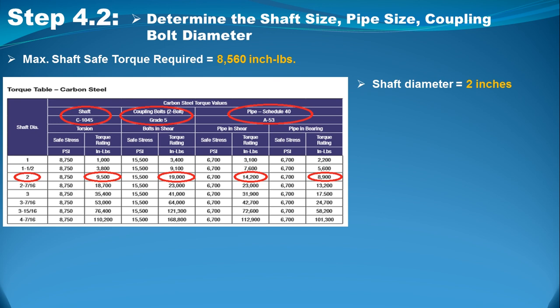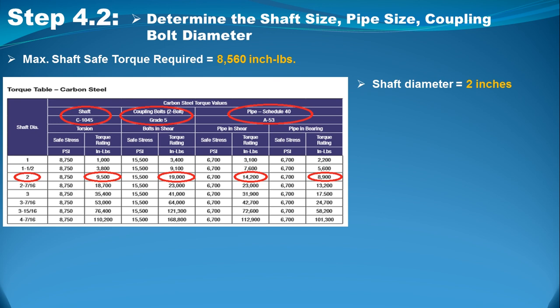And for the coupling bolts also, we can use the carbon steel type bolt, which is grade 5. It is still safe because the carbon steel bolt grade 5 has a torque rating capacity of 19,000 inch pounds, so it is safe.